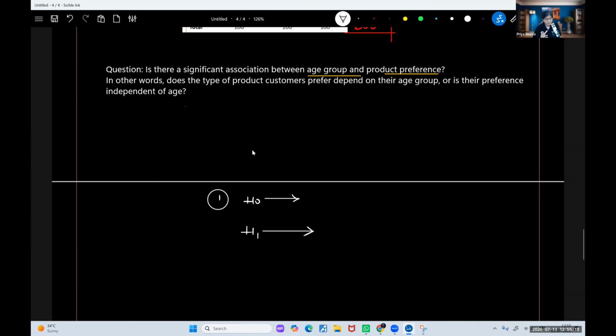Null hypothesis is that, hey, there is no such connection between the age group and product preferences.